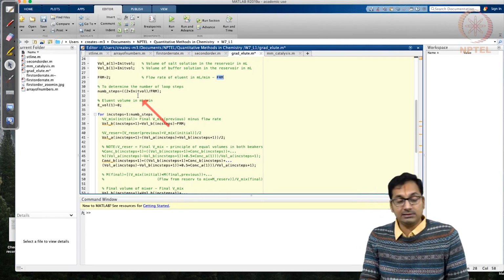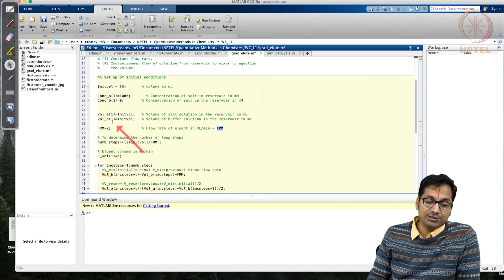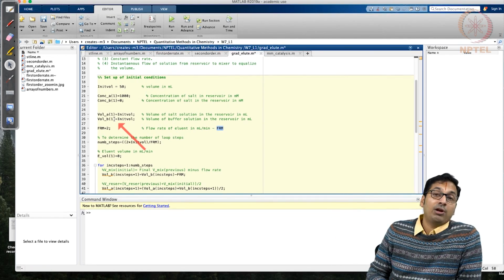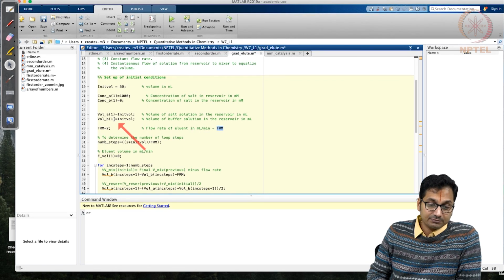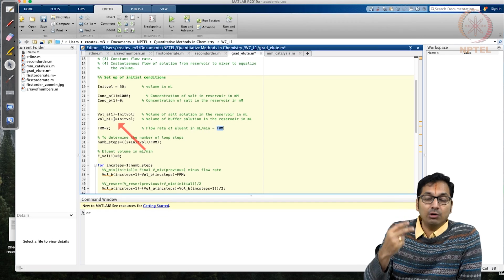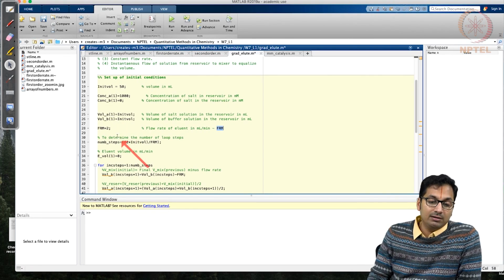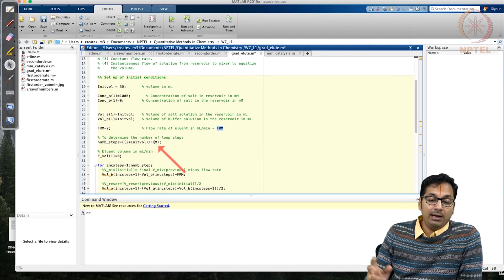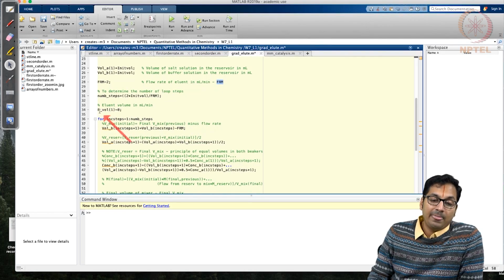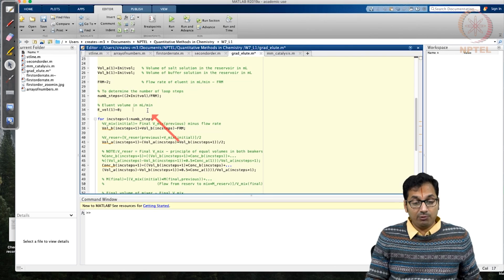If you have 100 ml of total solution, 50 ml in reservoir A and 50 in B, about 100 ml has to be eluted out. With a 2 ml per minute flow rate, you are going to run the flow for 100 ml divided by 2 ml per minute, which is 50 minutes. So I'm just calculating that. And I'm setting the initial concentration of the eluent to 0 molar.